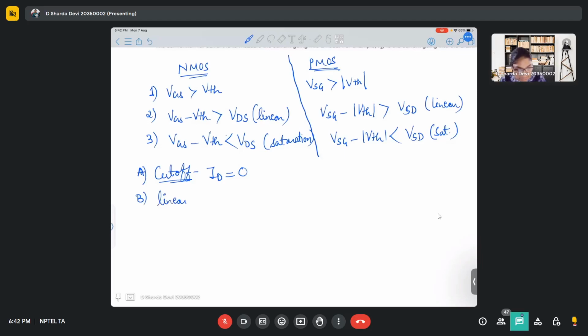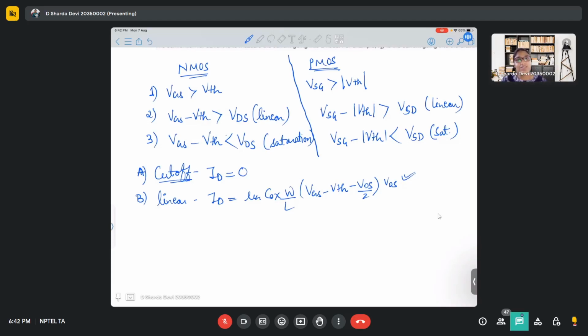For linear, ID is mu n Cox W by L, into VGS minus VTH minus VDS by 2, into VDS. This is the basic formula that is used for MOSFET current.